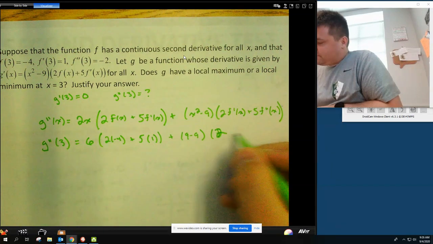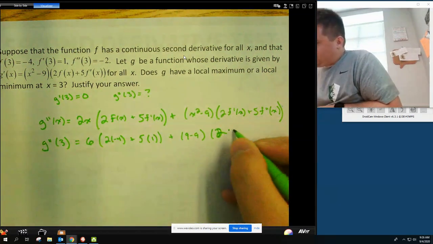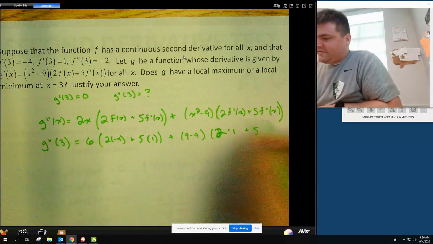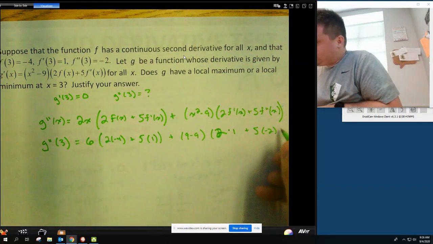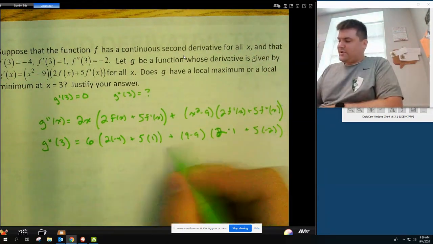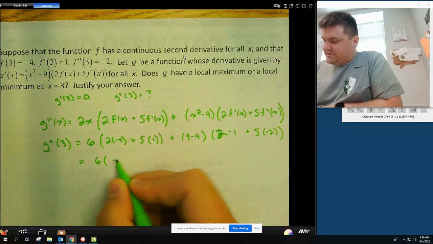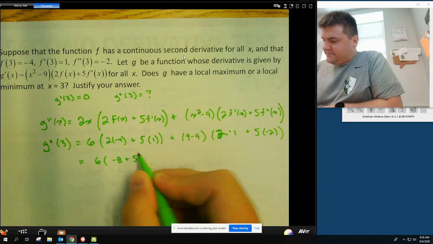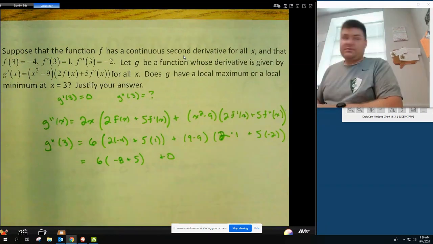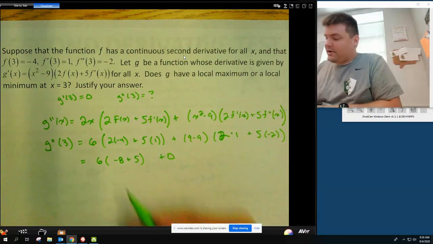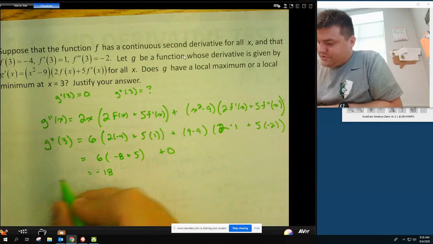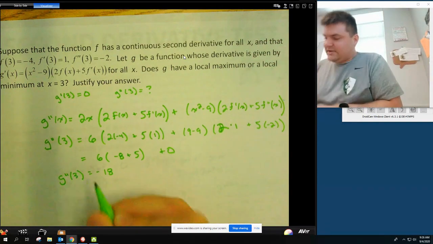This is going to 0 out, so I'm going to get 6 times -8 plus 5 plus 0, just to show you that it's all going to 0 out. And then we're going to get -18. So g double prime of 3 is -18.